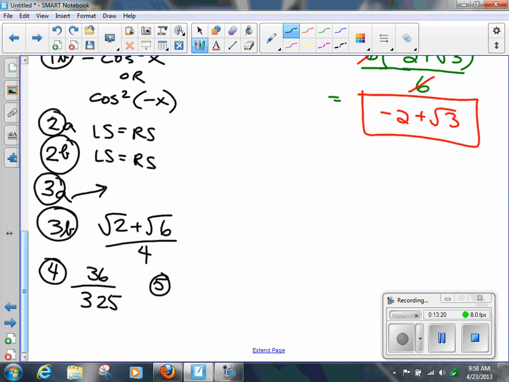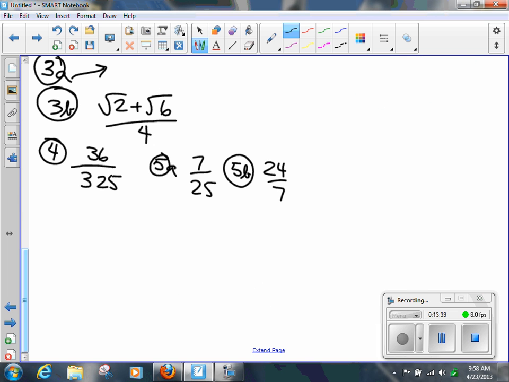Number 5A is 7 over 25. 5B, 24 over 7. 6 is 3 root 3 over 2.